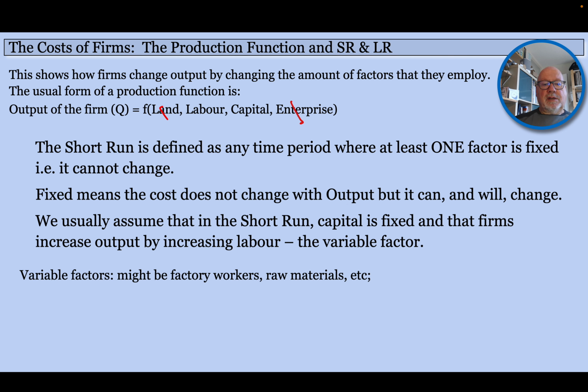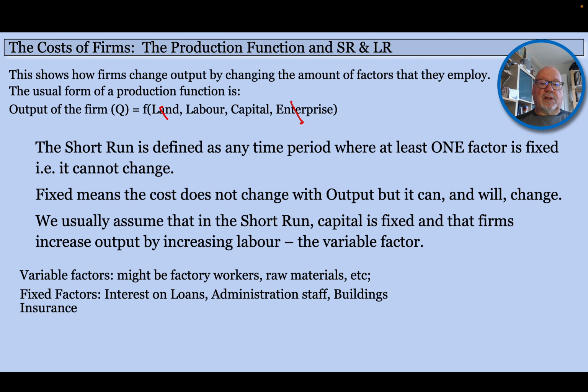So variable factors might include, as you see down here, the factory workers, the raw materials. All of those are going to need to increase when you increase the output. But you have fixed factors, and so you have borrowing, you have admin staff, you have buildings, insurance, etc. Those things do not have to change when output changes.